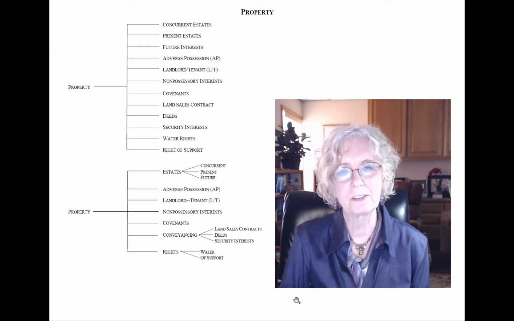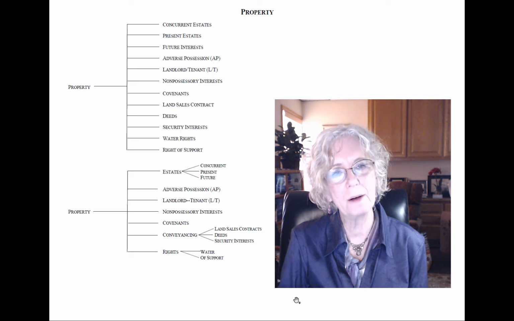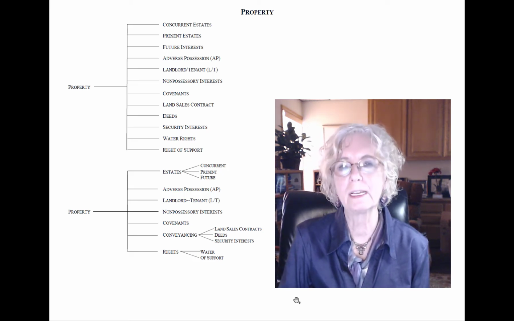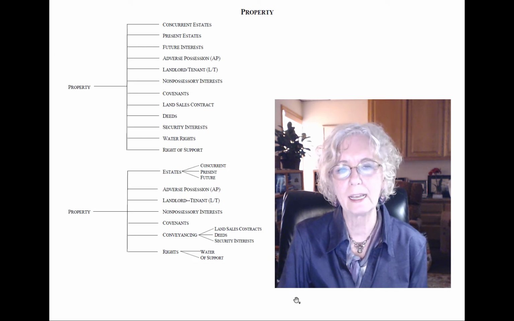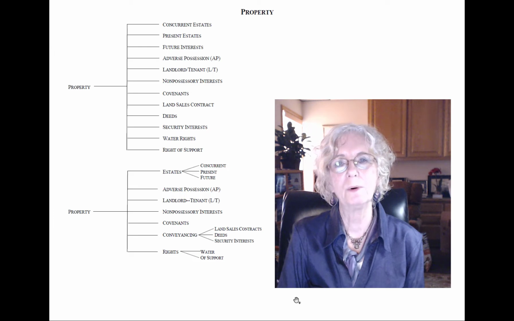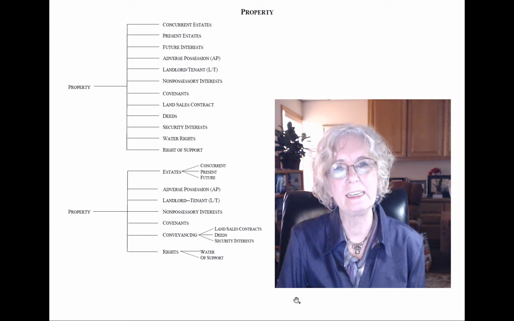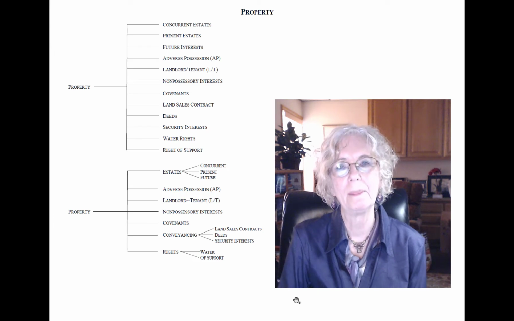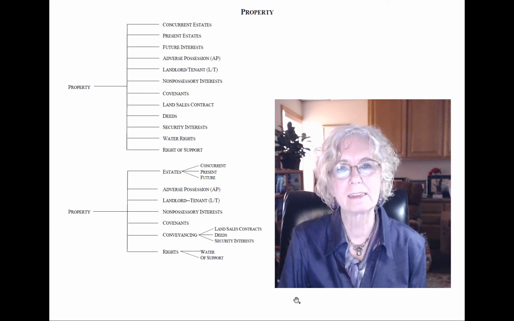Now, the next logical step is to talk about the right to use land, but not to actually possess it or own it. That's the area of non-possessory interests. What we're talking about here is things like easements, profits, licenses. That's what we'll review next.